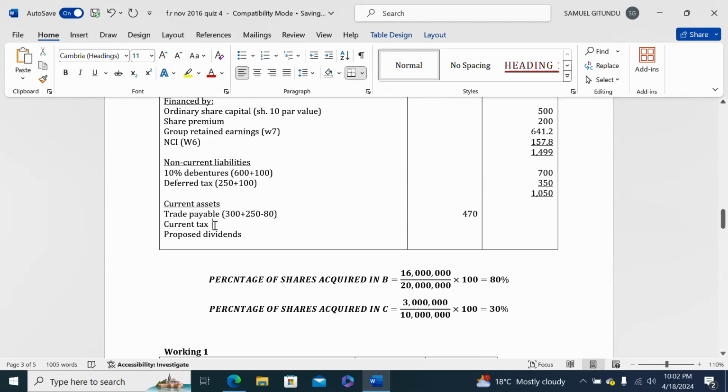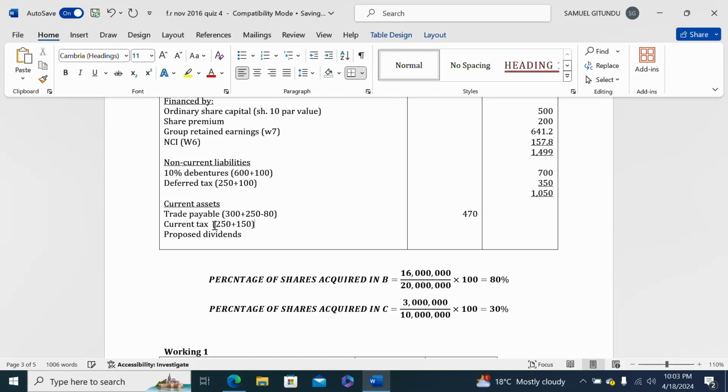Then we go to the current tax. The current tax for A is 250, and the current tax for B is 150.